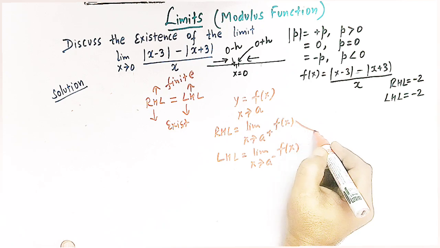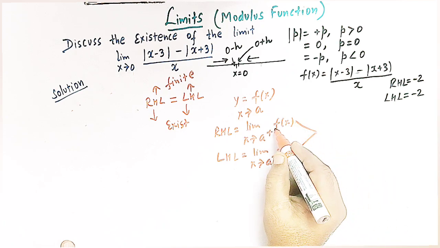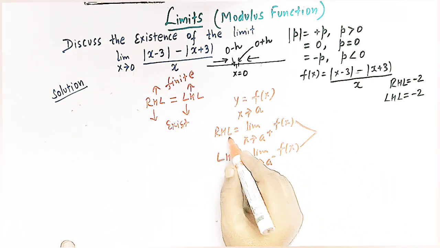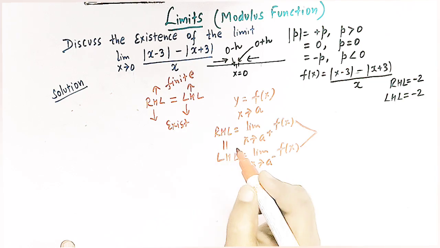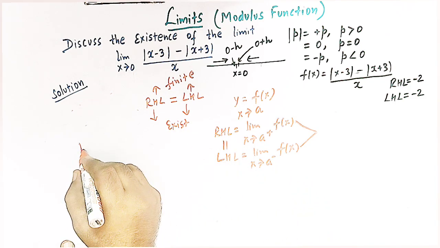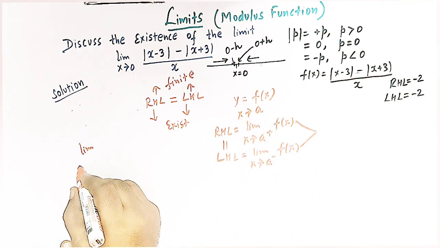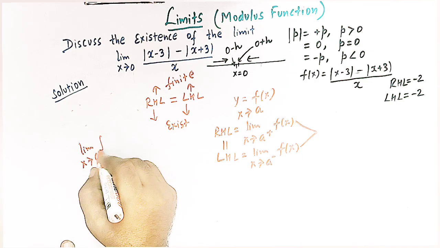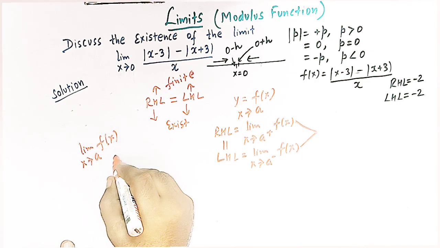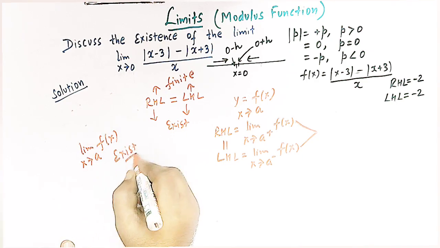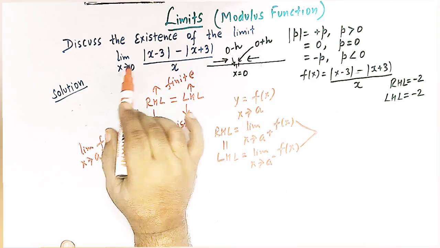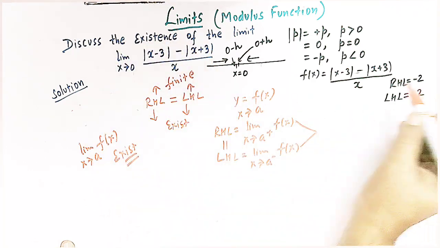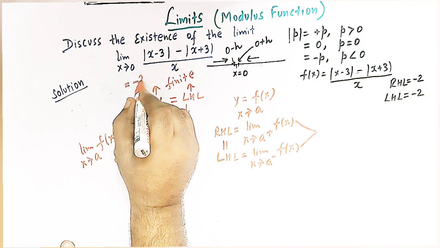And if these two limits exist and they are finite and they are equal to each other, then we can claim that the limit of this function when x approaches a exists, right? And the value of this limit is equal to -2.